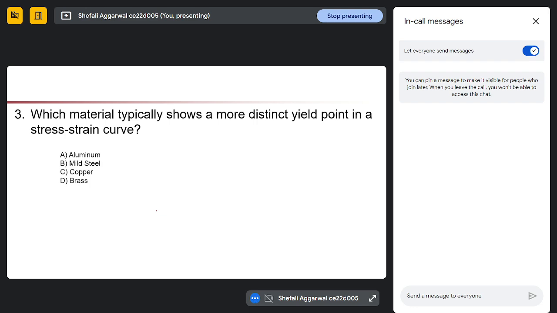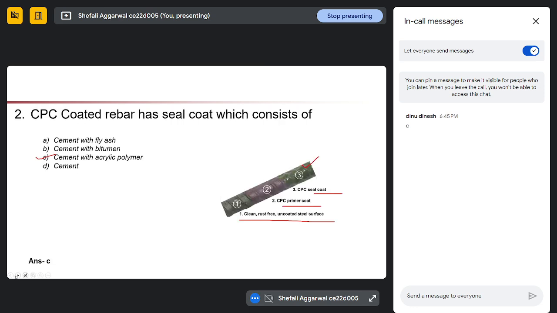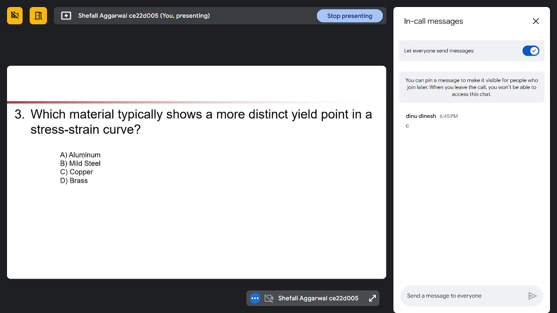The third question is, which material typically shows a more distinct yield point in a stress strain curve? Aluminium, mild steel, copper, or brass? You are telling C for this question or the previous question? We have studied the stress strain curve of aluminium and mild steel mainly. So from these two options, which do you think has a more distinct yield point?